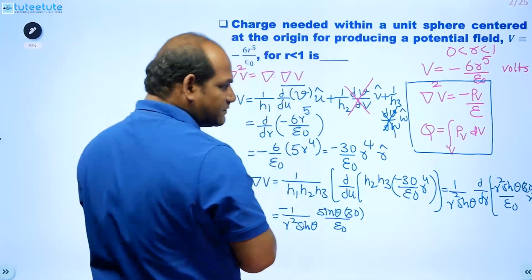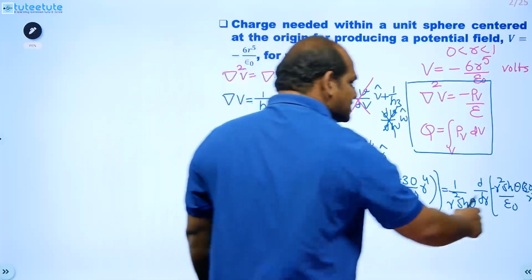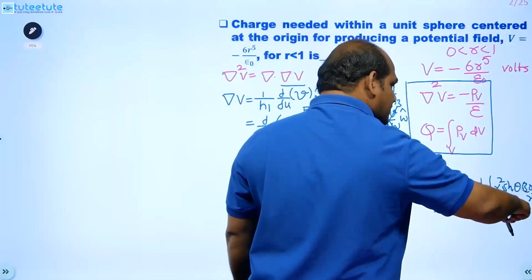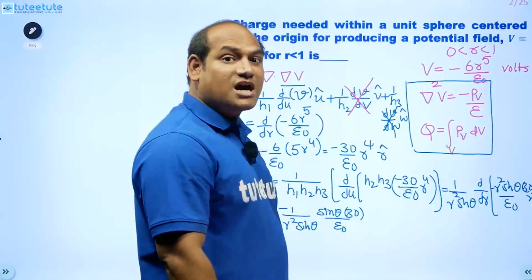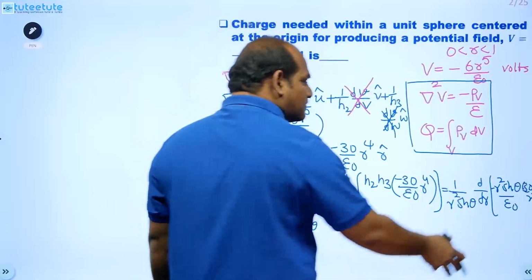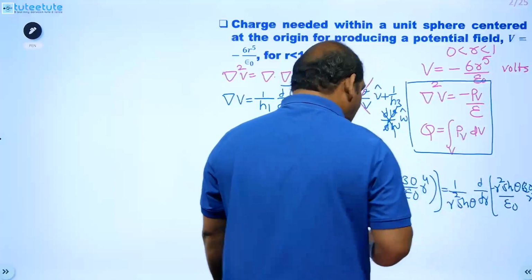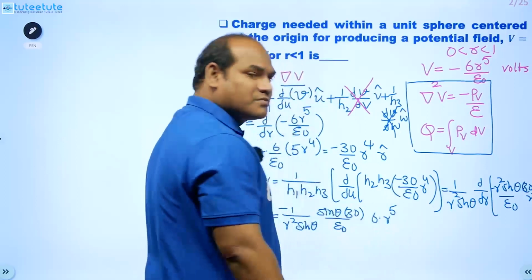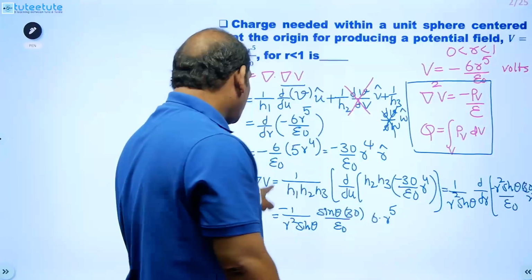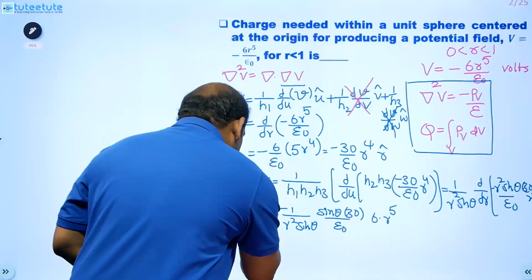Now what is there within this particular derivation? R square multiplied with R power 4, that means R power 6. If you perform the derivation of that with respect to R, you will get 6 into R power 5. So derivation is over, that means you have now del square V.